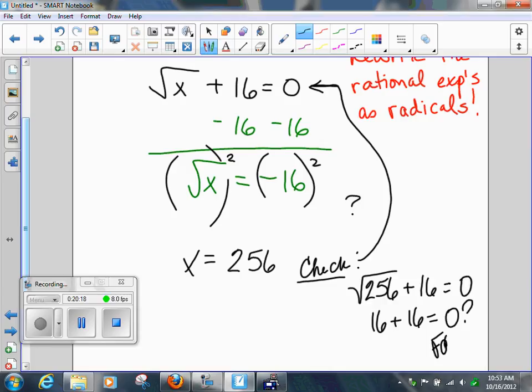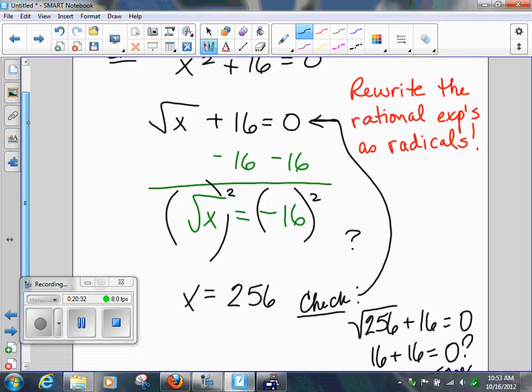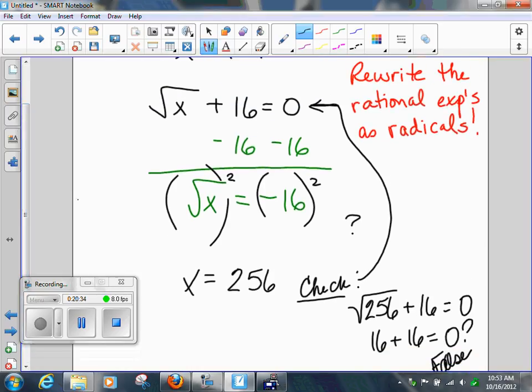No. Even if I were to put that the square root of 256 was negative, think about it. The square root of 256 is negative 16?